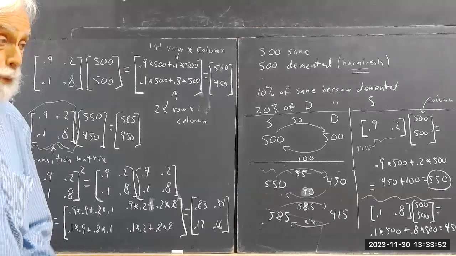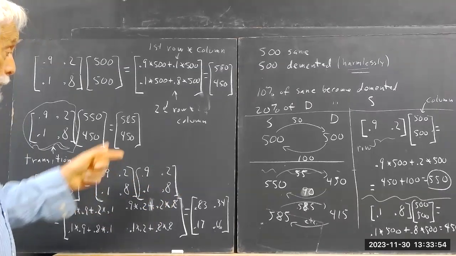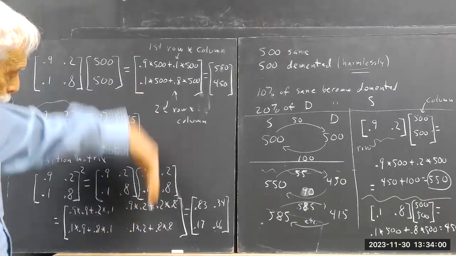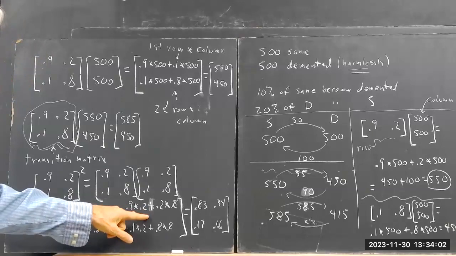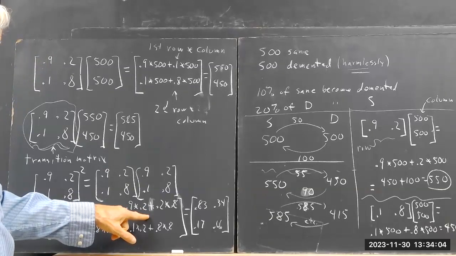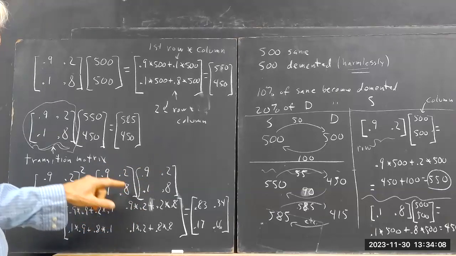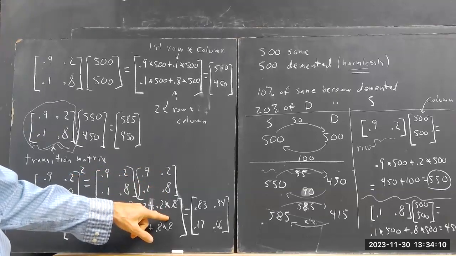What column are we going to use? It's row 1 times column 2, so we're going to use row 1, column 2. Where's row 1, column 2? Here's row 1, here's column 2 of the new matrix, and there it is. Row 1, column 2: 0.9 times 0.2 there, 0.2 times 0.8 there.